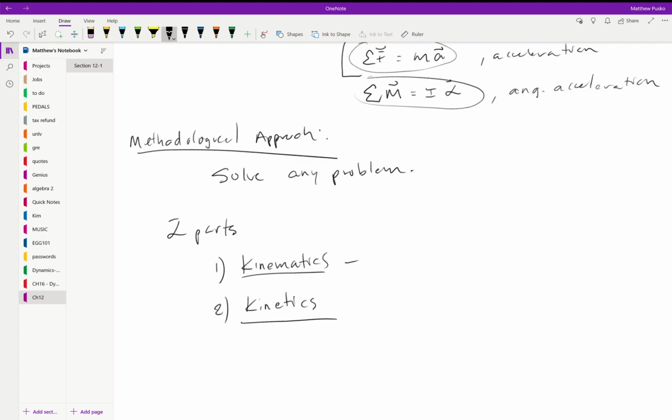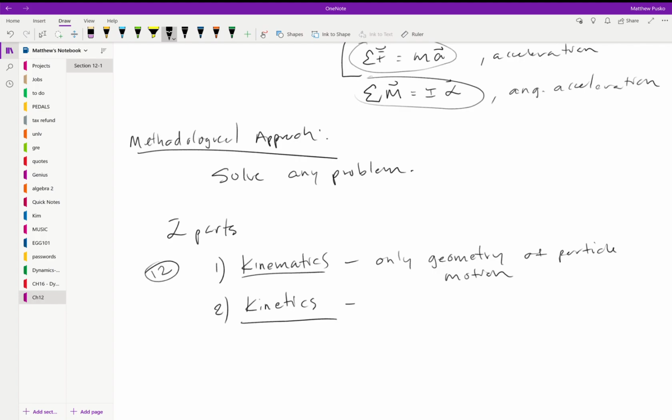Kinetics and kinematics. We're going to start with kinematics because it studies only the geometric aspects of particle motion. So only the geometry of particle motion. And this is going to be chapter 12 stuff.